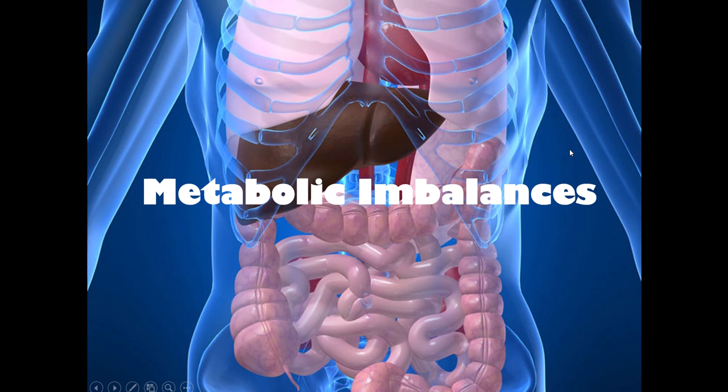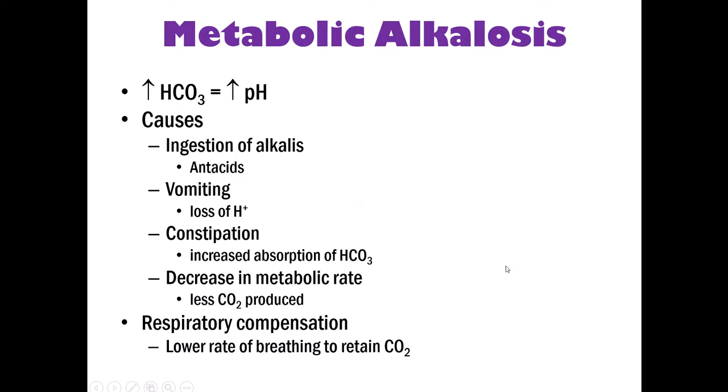Then we can have a whole host of different causes of a pH imbalance that roughly fall into what we call metabolic imbalances. So we'll look at alkalosis first. Again, too basic.